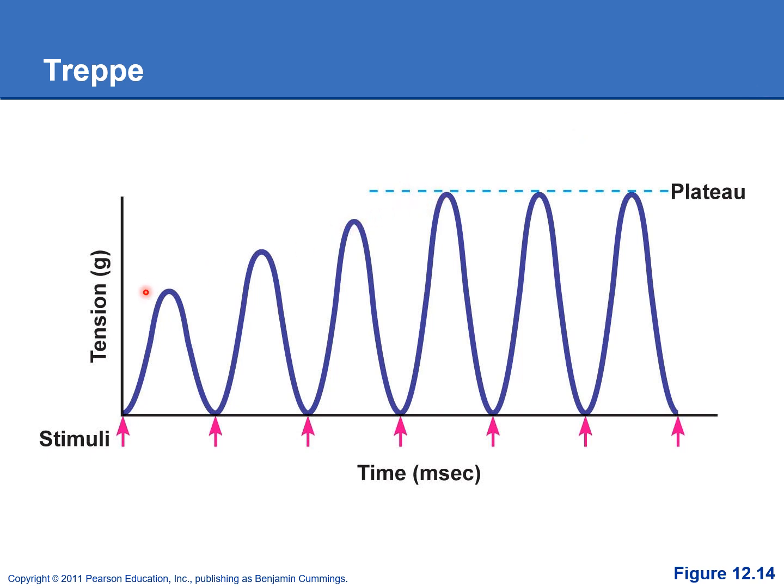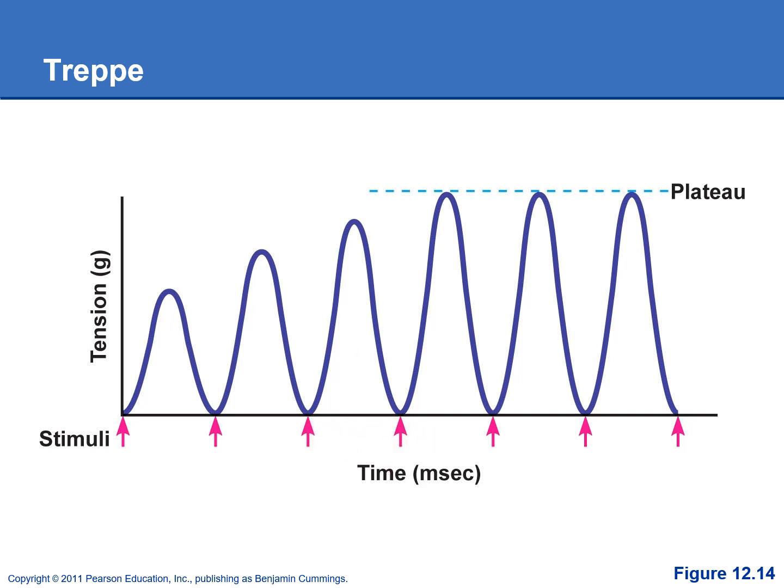It's a German word for stair-step or staircase, and it's talking about this increase in tension or force that we're producing as we increase the frequency of stimulation of this muscle cell.